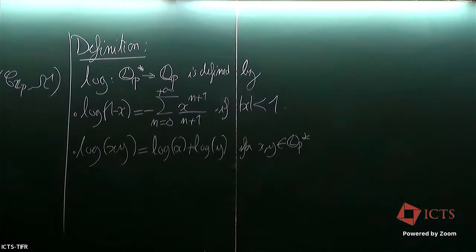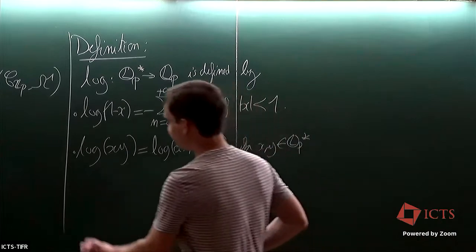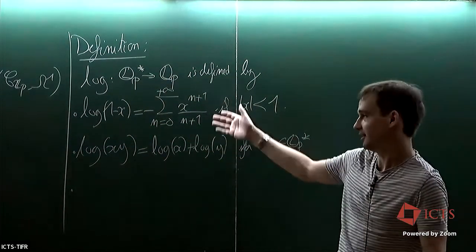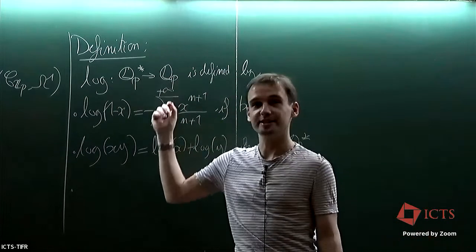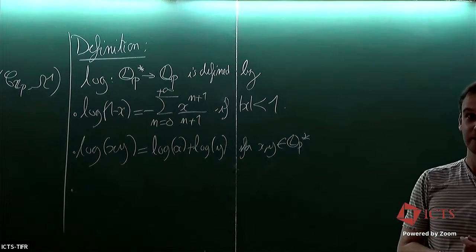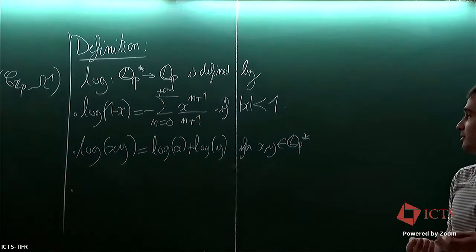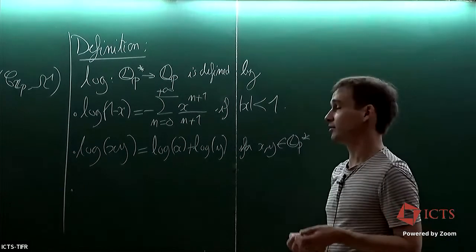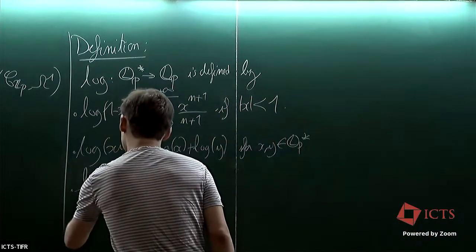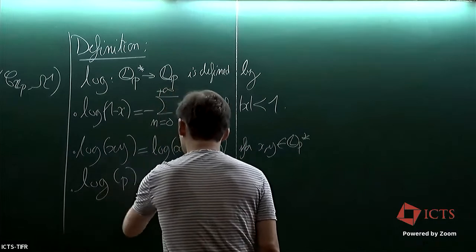And now, when I look at this, I try to figure out. I can actually easily define functions like this, but I have many choices. And why do I have many choices? Because I haven't prescribed what should happen to the logarithm of p, for example. We have many choices, but here we'll pick log of p is equal to 0.